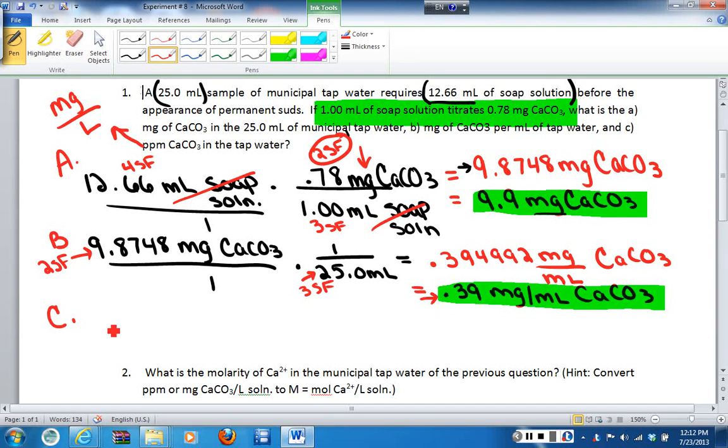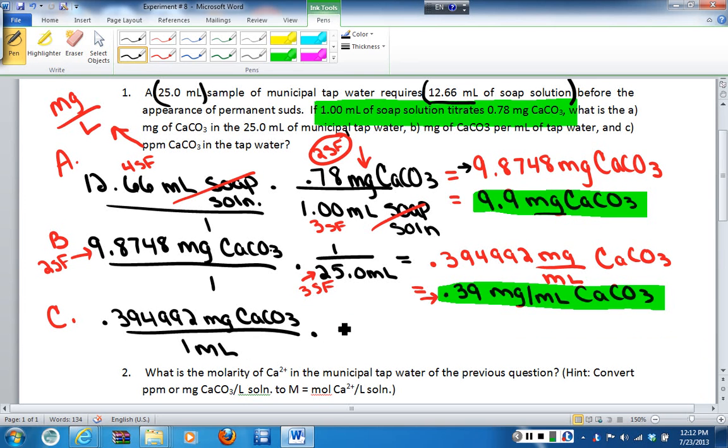So if we take our original number from part B, milligrams of calcium carbonate per milliliter, and convert that to liters, then we will have parts per million. We know that for every 1,000 milliliters, there is 1 liter.